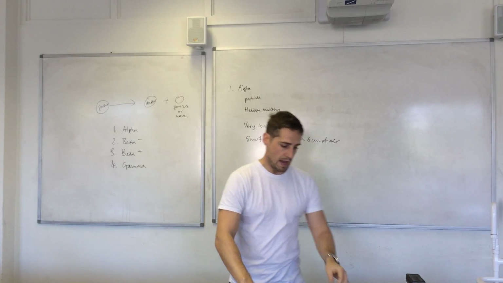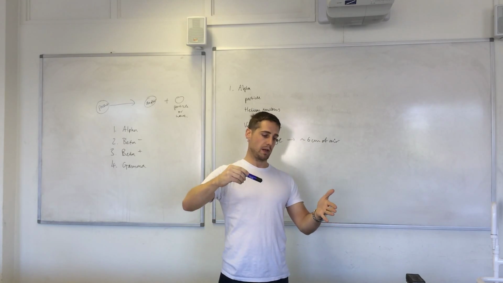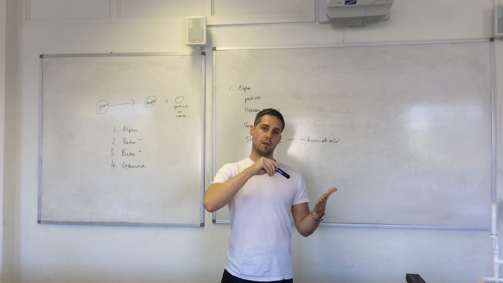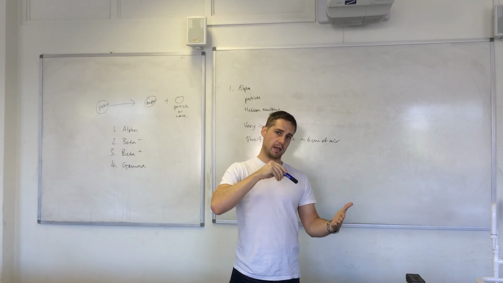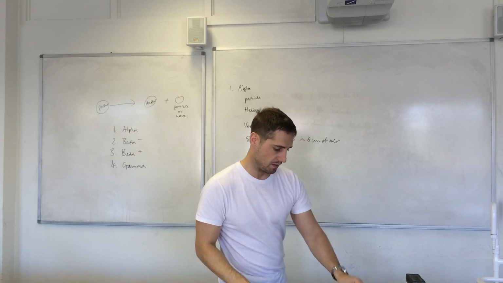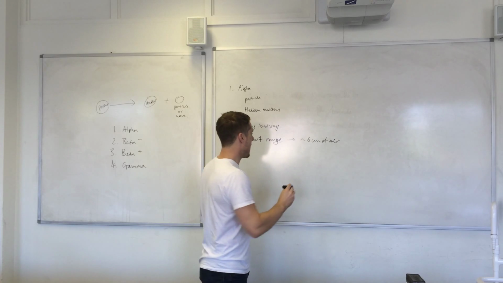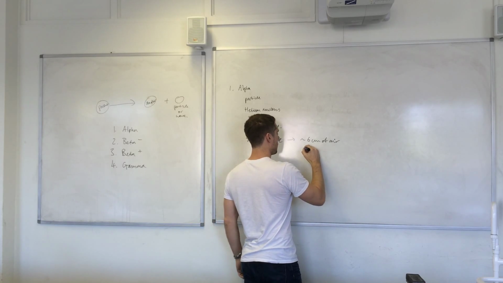So I could have a source of alpha, if it's pure alpha, and I held it here, aimed at my hand, then the alpha particles wouldn't be able to reach my hand, because the alpha particles will be stopped by the air molecules.